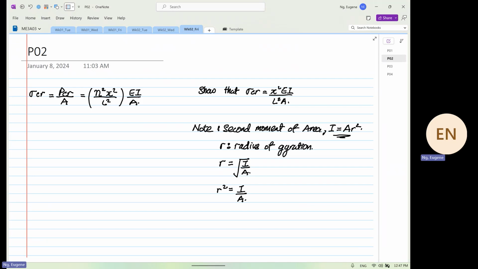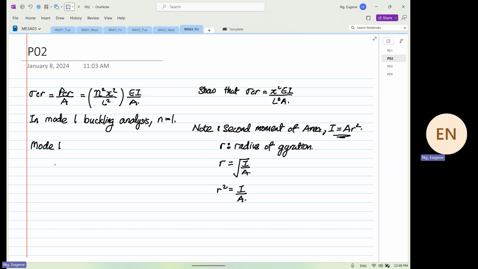So from here, in mode 1 buckling analysis, N will always be equal to 1. What do I mean by mode 1?